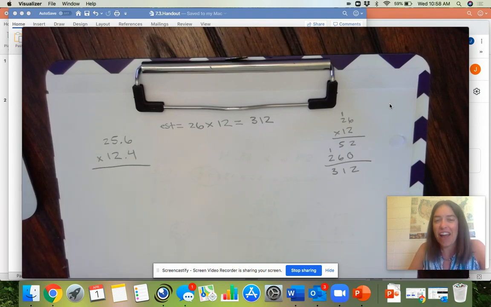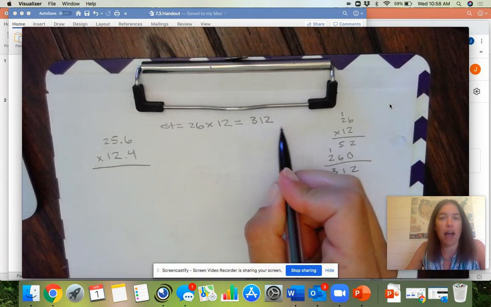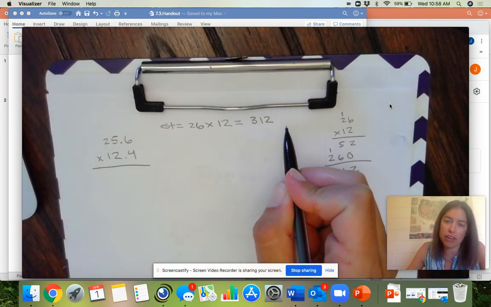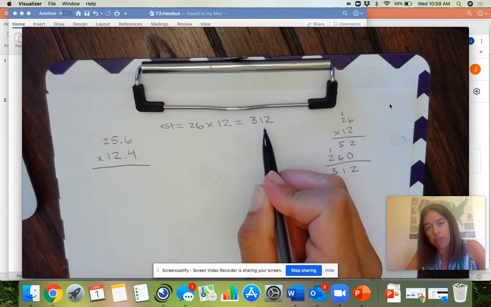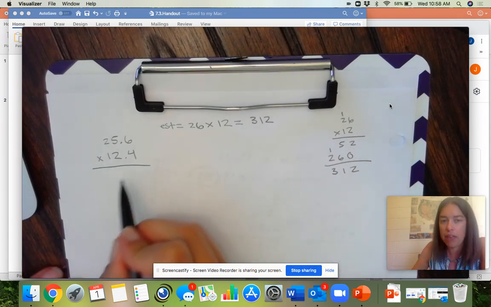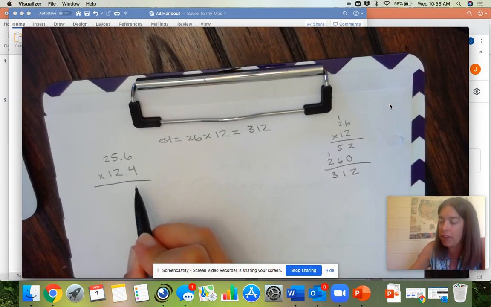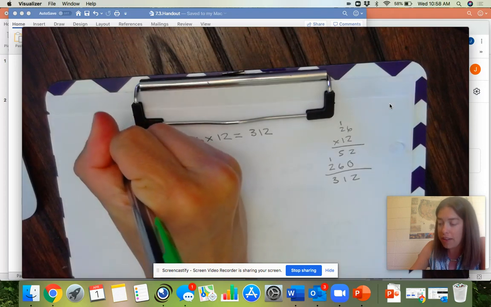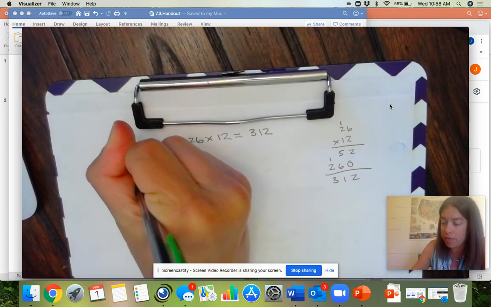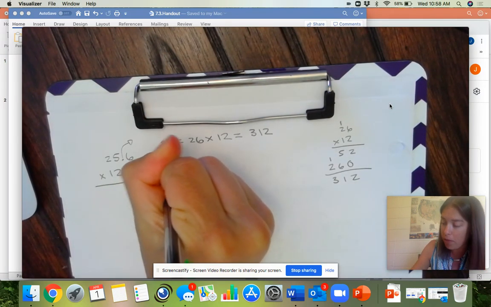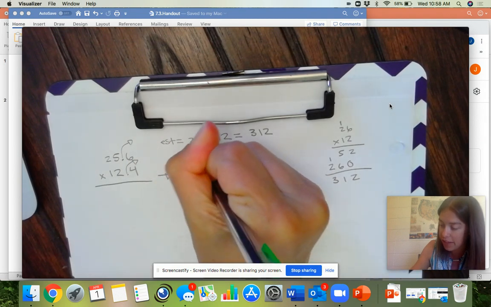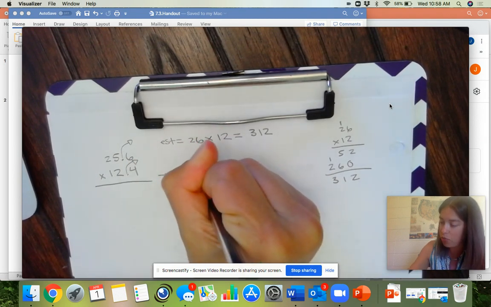Excellent. All right, now that I know I'm looking for an answer of around 312, not 31, not 3, not 3,112, we're ready to multiply. I'm going to temporarily remove my decimal points and rewrite my problem as 256 times 124.